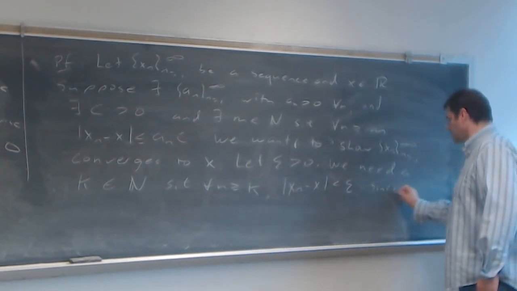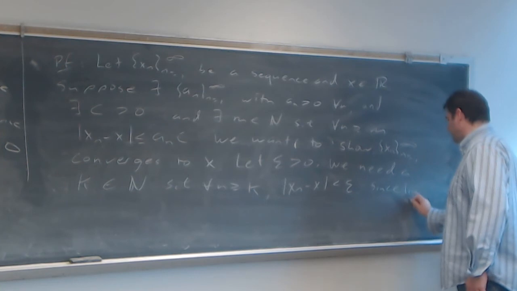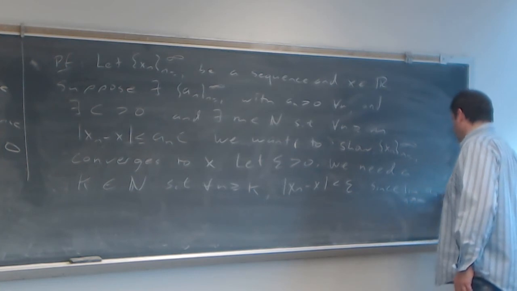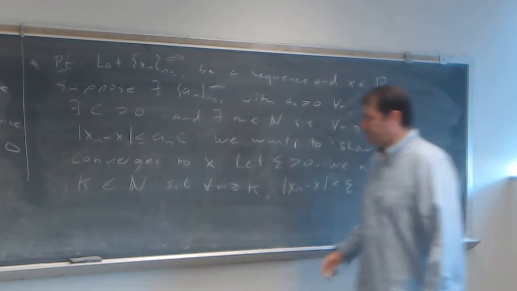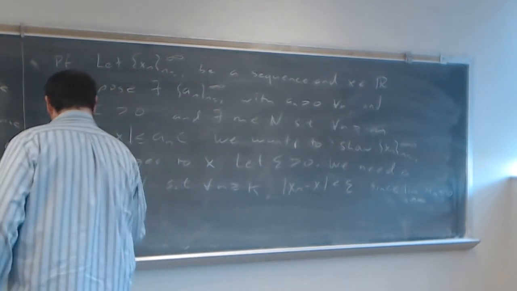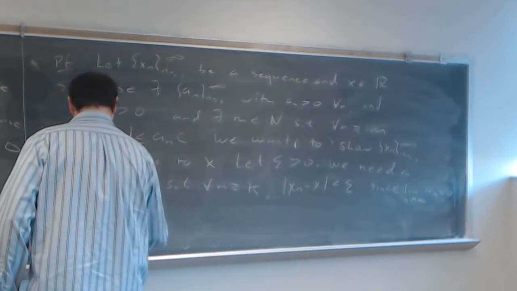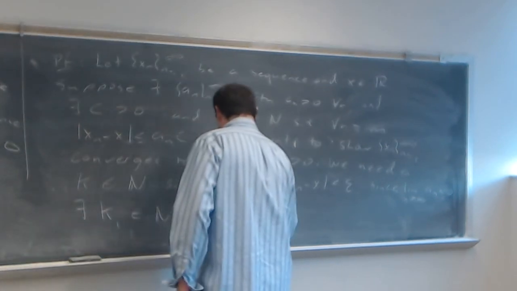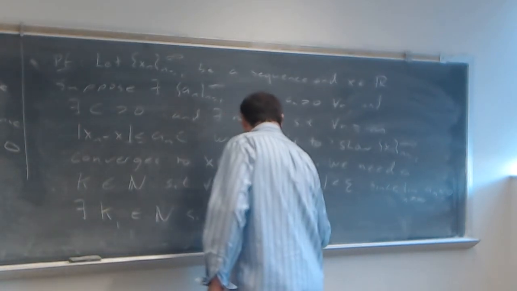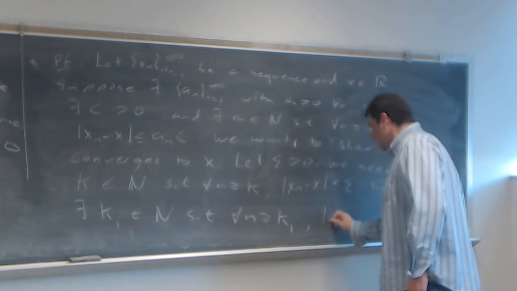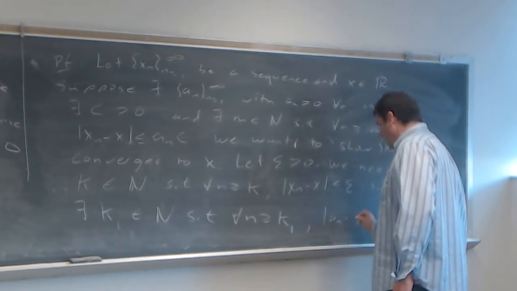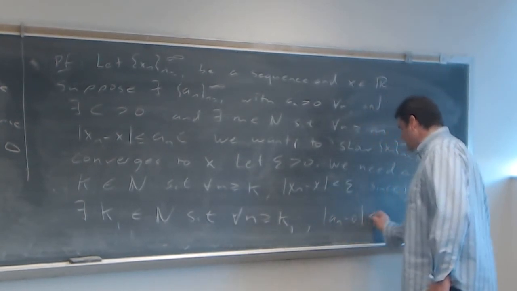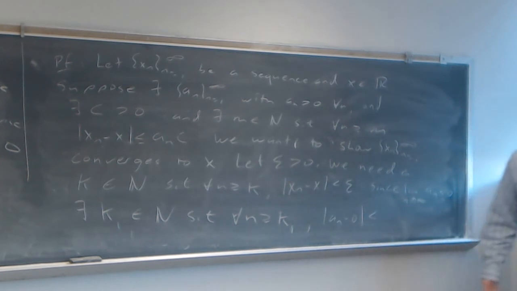So here, I'm going to start with it. Since the limit as n goes to infinity of a sub n equals 0, there exists a k sub 1, an element of the natural numbers, such that for all n bigger than or equal to k sub 1, a sub n minus 0 will be less than whatever I wanted it to be.